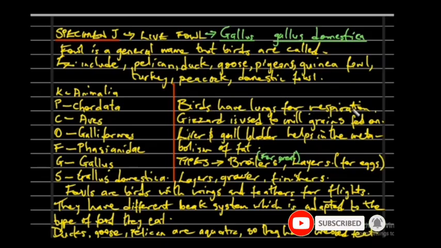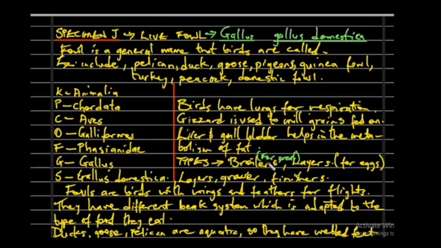Birds have lungs for respiration. Yes, they make use of lungs for respiration, and then they have gizzards which are responsible for milling grains, particularly those ones that feed on grains. They have a gizzard that helps them to grind the grains that they feed on. They also have liver and gallbladder that help them in metabolism of fat. We have types of birds.